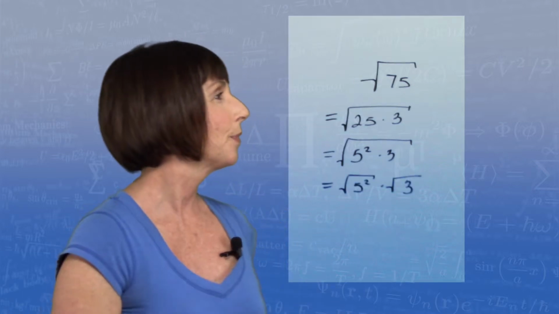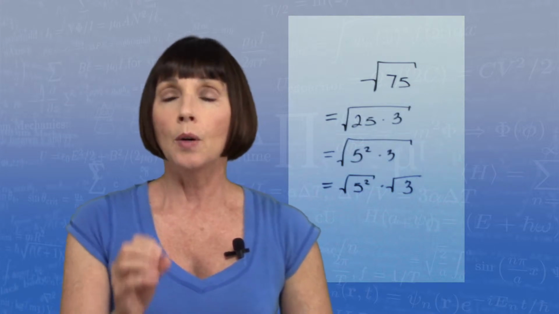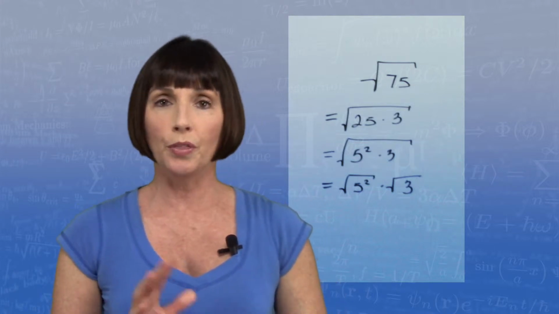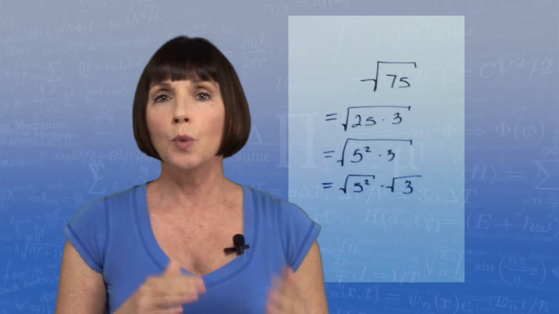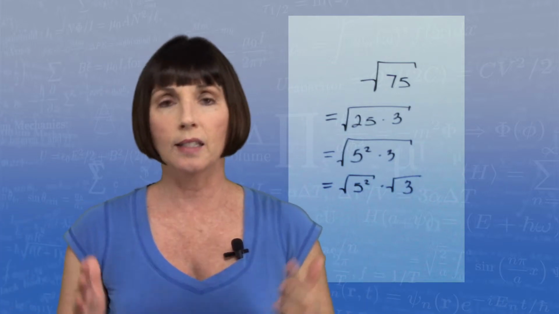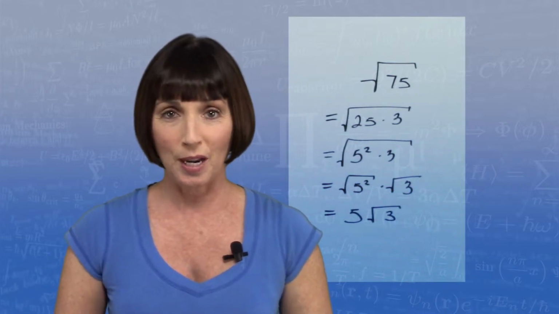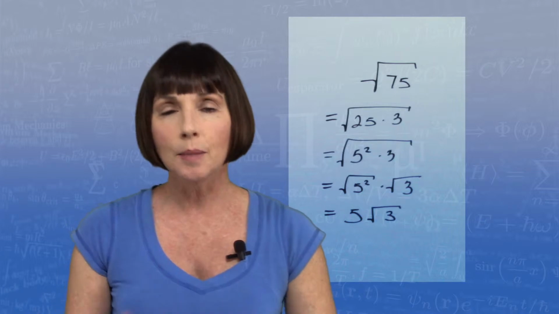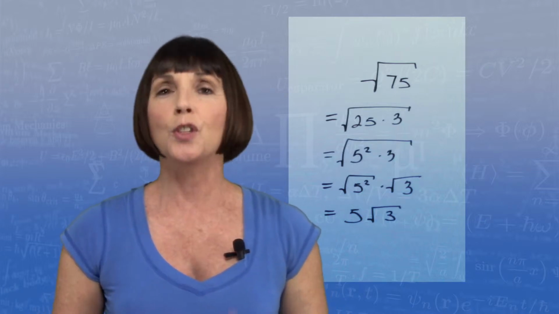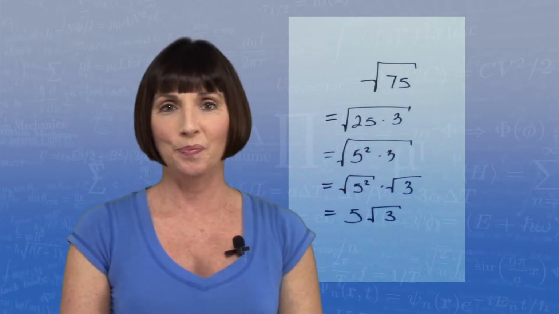So I get the square root of 5 squared times the square root of 3. Now, just like in our previous example with the number 16, the square root of 5 squared is just 5. The square and the square root cancel each other out. So I am left with 5 times the square root of 3. This is as simplified as this gets. So the square root of 75 is 5 times the square root of 3.